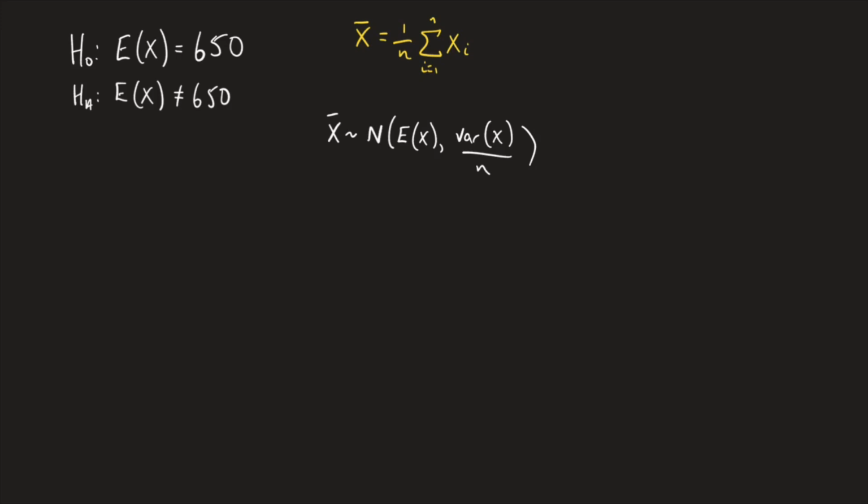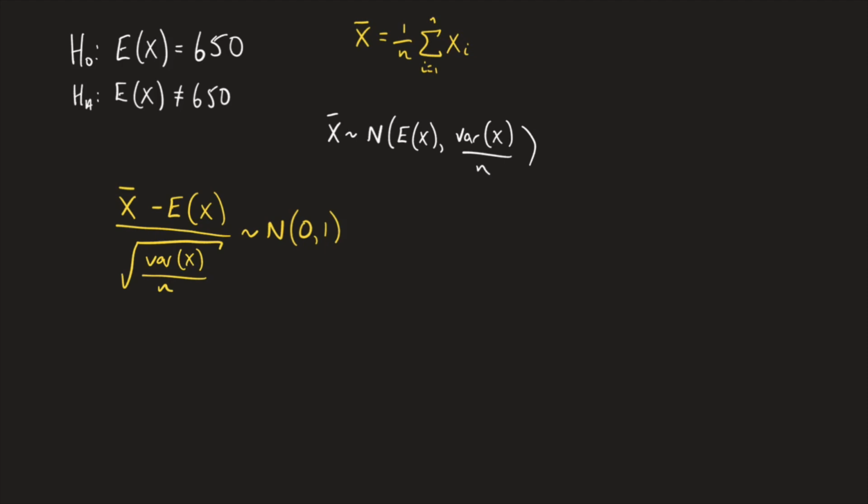So if we have a sample mean x bar, we subtract the expectation of x and divide through by the standard deviation or the standard error of our estimator, which is the square root of the variance of x bar, or the square root of the variance of x over n, then that will follow a normal distribution with expectation 0 and variance 1.